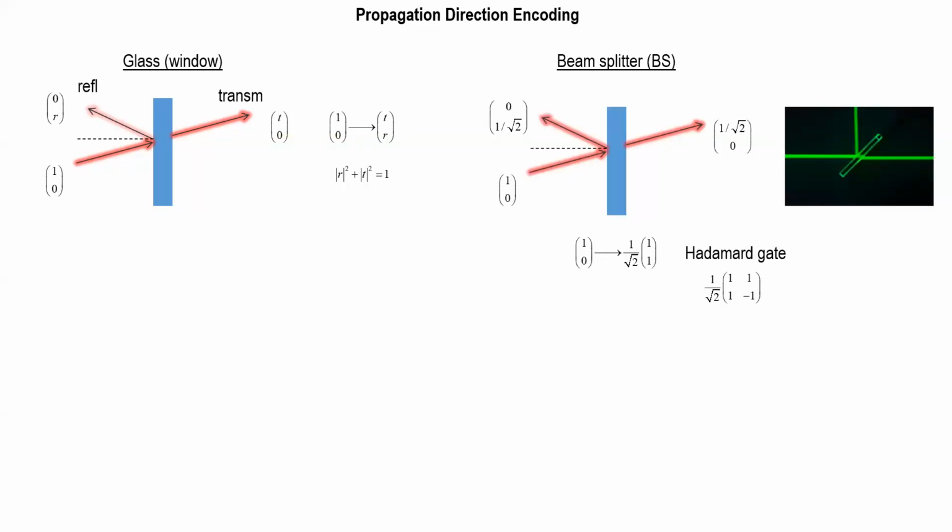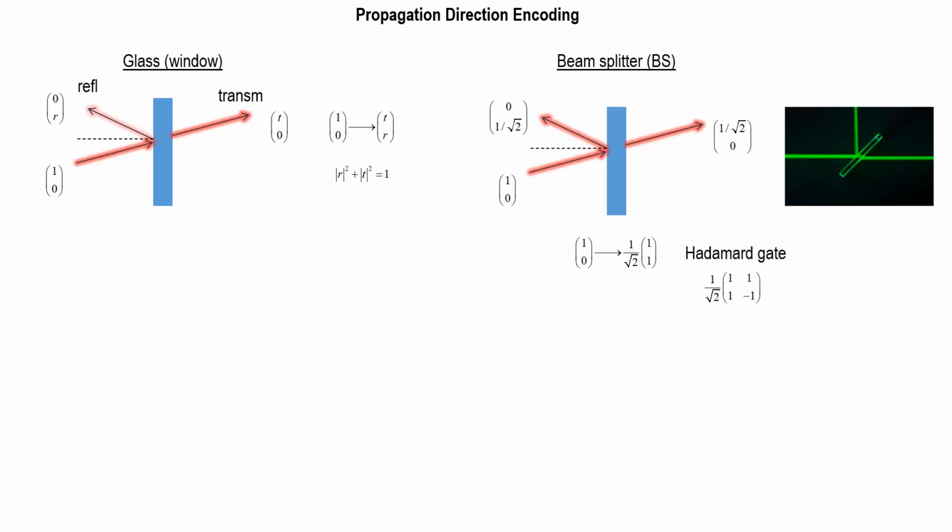If we now make this glass slab balanced, which means exactly 50% of the light passes through and 50% of the light reflects from the surface of this glass, in this case this piece of glass is known as a beam splitter.